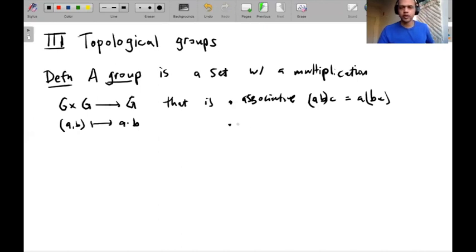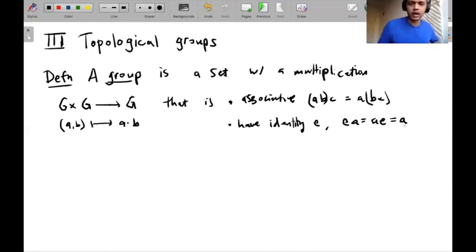So it should be associative, it should have an identity, which is an element E, so that E times A is A times E, which is A. So multiplying by E on either side doesn't do anything. And there should be inverses, which is to say for every A, there exists some B, so that AB is BA is the identity.